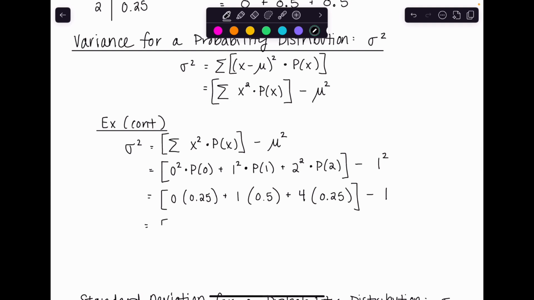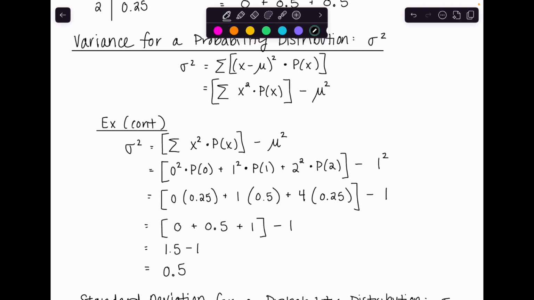So multiplying these out, 0 times anything is 0, 1 times 0.5 is 0.5, and then 4 times 0.25 is 1. And then we want to subtract 1. 0.5 plus 1 ends up giving us 1.5, and then we subtract 1, leading us with a variance of 0.5, okay?